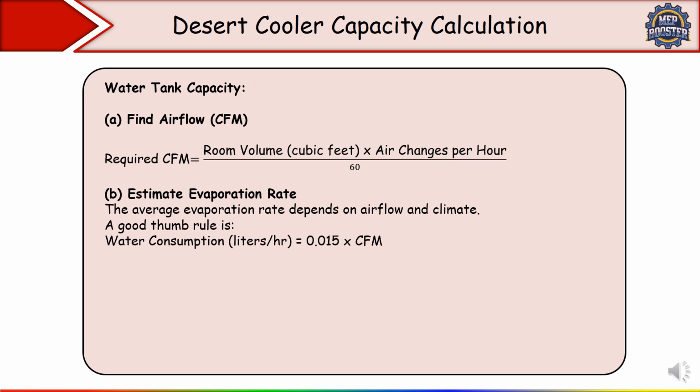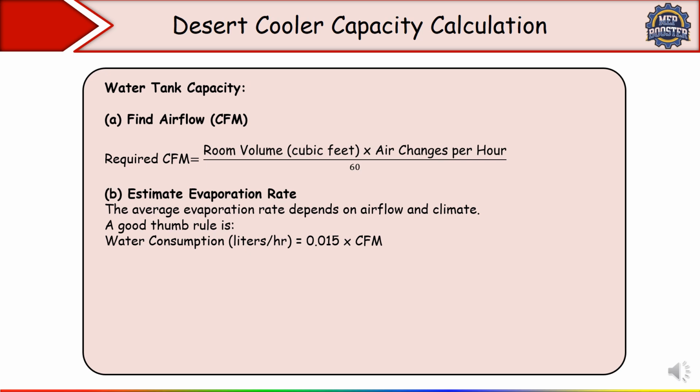Now maybe the question is coming in your minds, why does evaporation depend on airflow? See, more airflow means more air passes through wet pads and more water evaporates, more cooling and more water used. Simple. And here why is the 0.015 factor used? See, this is an empirical practical constant.